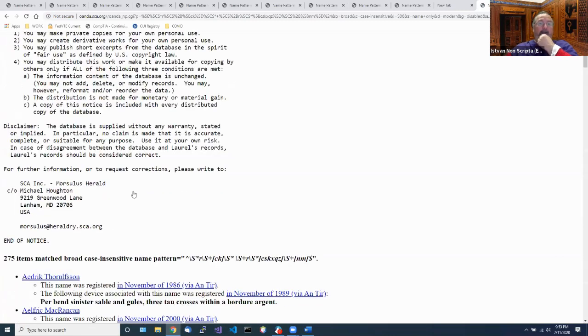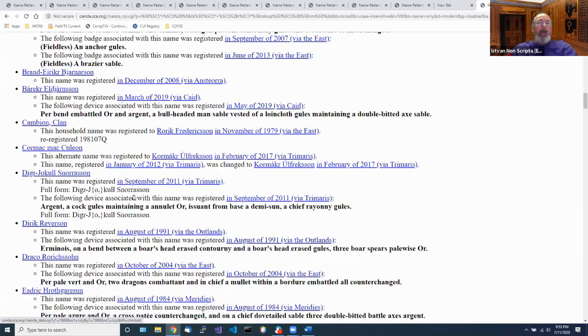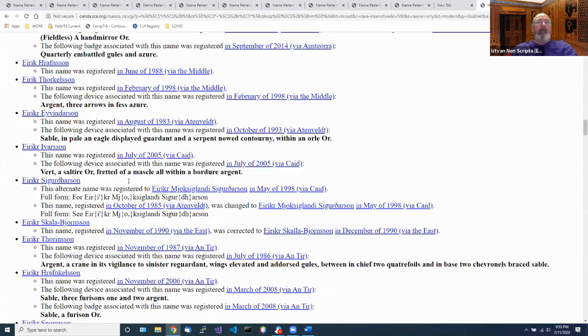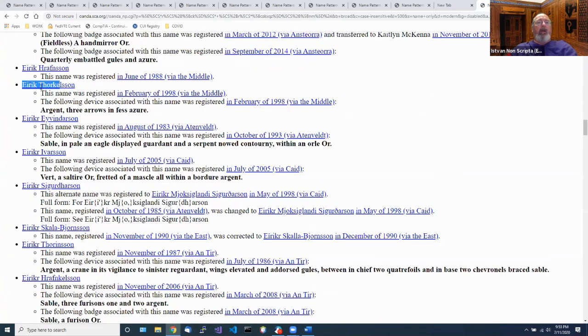So I did this already. And when I was conflict checking this, I came up with Eric Thorkelson, which I'm pretty sure is not a conflict. But Eric Thorinson, because we're doing Thorisson, there's one change, and that's the addition of the nasal there.